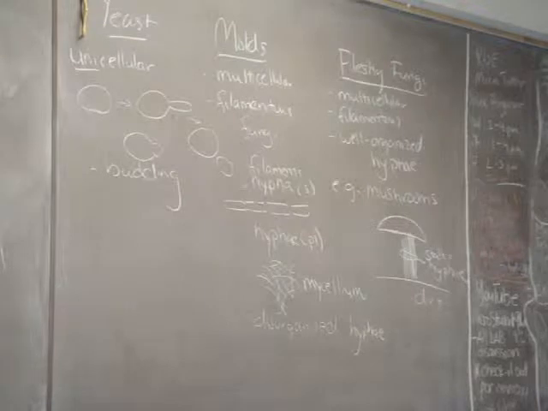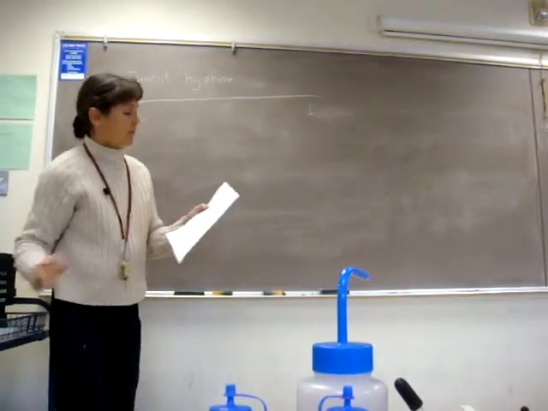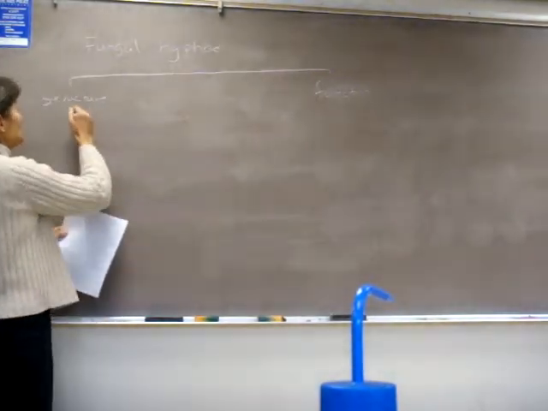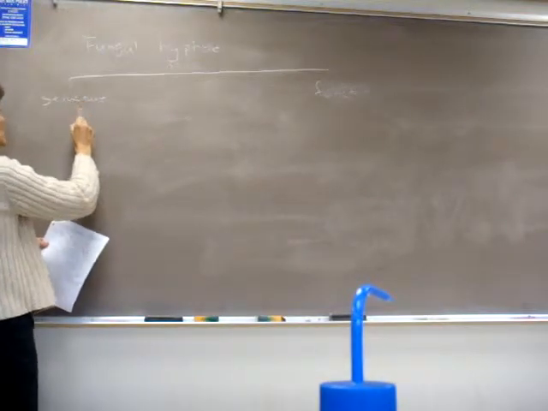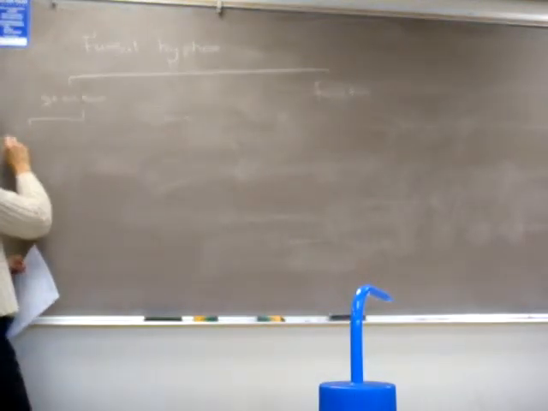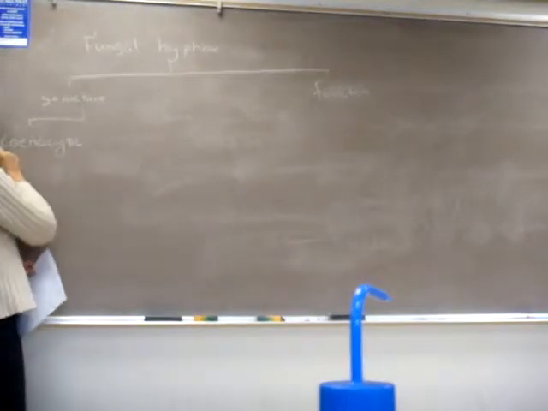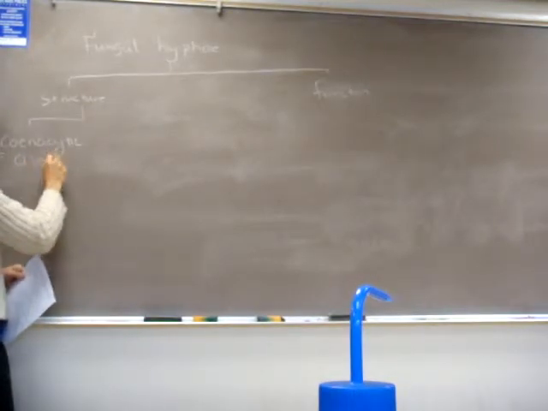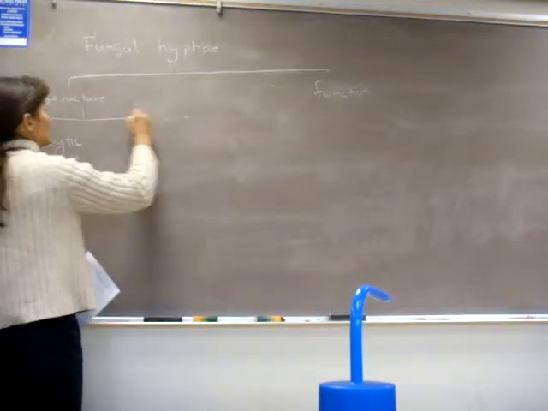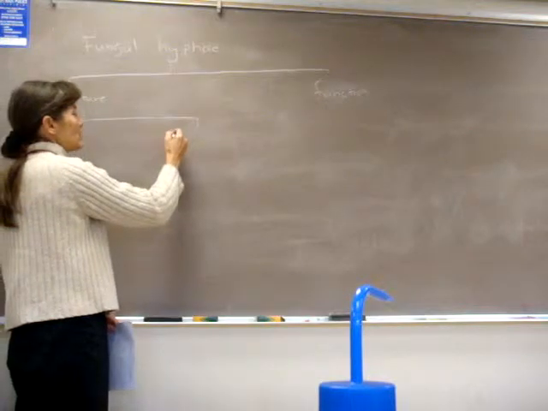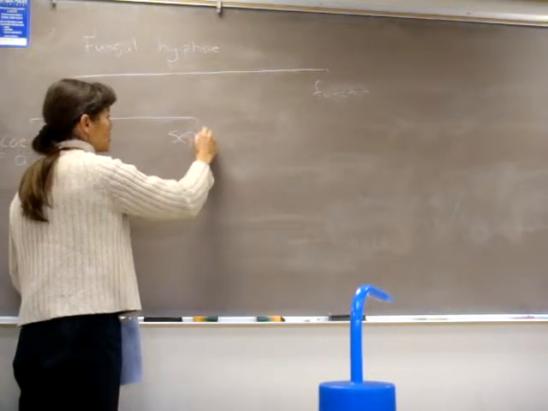One is based on structure, and one is based on function. Okay, so if we take a look at your handout there under number 2, it says that these filaments, these hyphae, they can have two basic structures. They can be cenocytic, and I always forget how to spell cenocytic, or another term for cenocytic is aseptate. And the other type of hyphae based on structure, they're called septate.